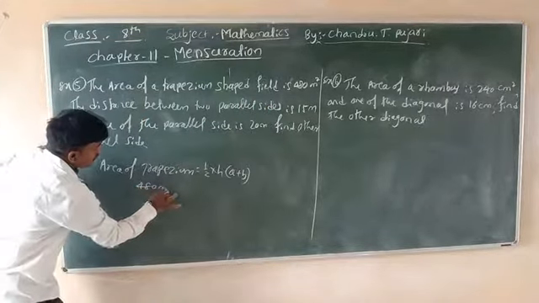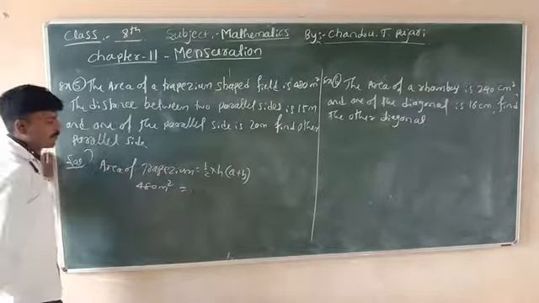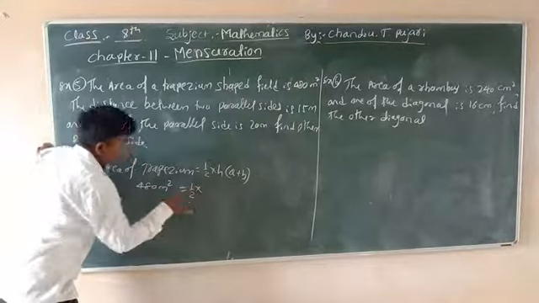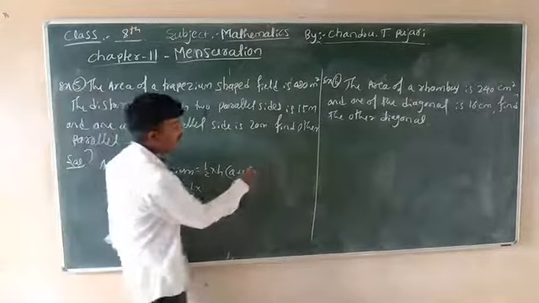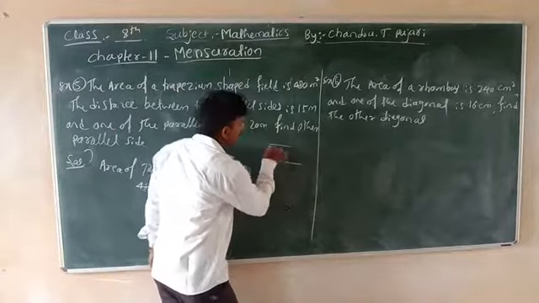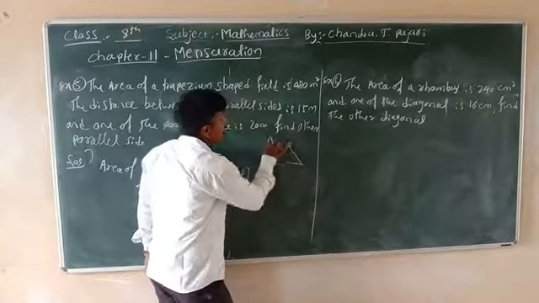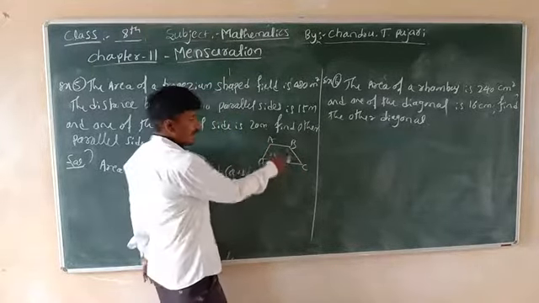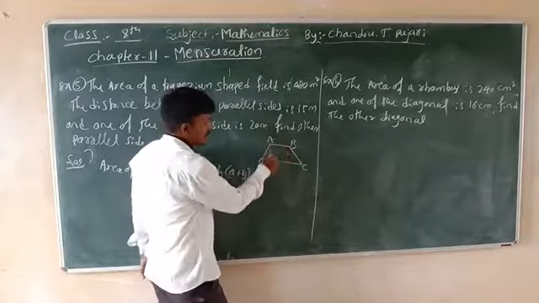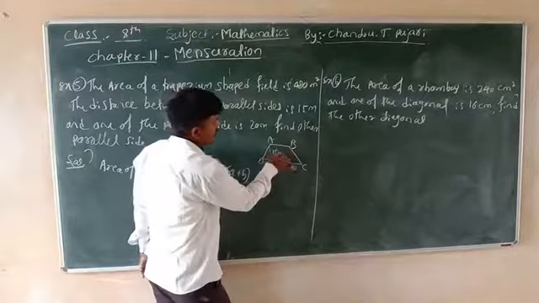Area of trapezium is 480 meters square, equal to 1/2 into height. Height is the distance between two parallel lines. These two are parallel lines. ABCD is a trapezium. The distance between AB and DC is 15 meters.